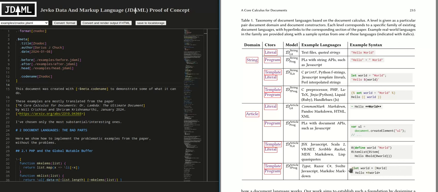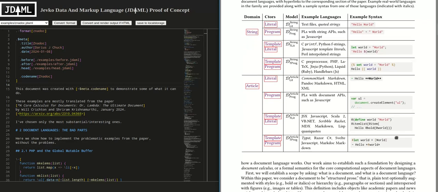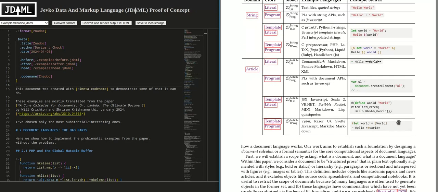So we can define variables with a programming language like syntax, and then we can refer to those variables in a Markdown-like syntax, and so we can interleave these things and build up our document, our article. Let's say that's basically a syntax tree as opposed to a string. We can build it up dynamically within the language.